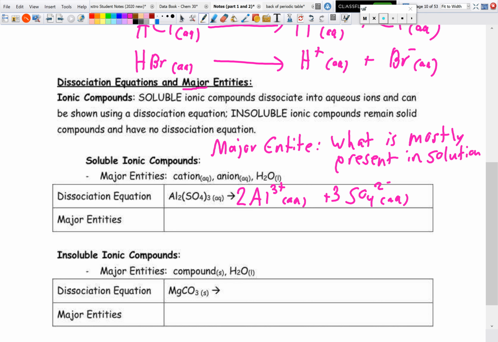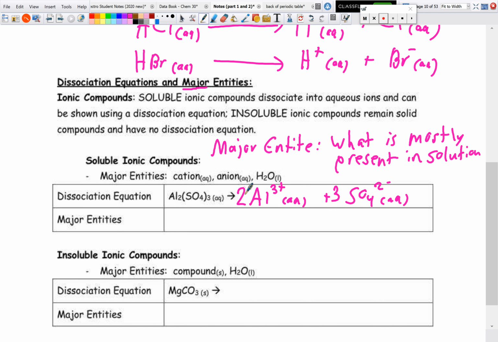Now, as for the major entities, if we put aluminum sulfate in water and it dissociated and produced the ions, we know that the Al2(SO4)3 doesn't exist anymore.